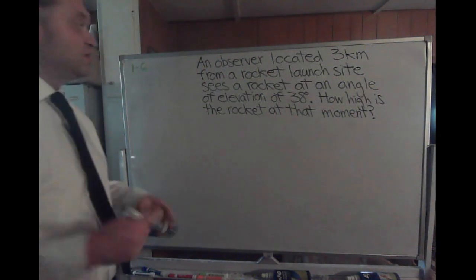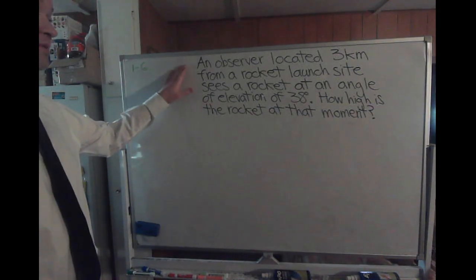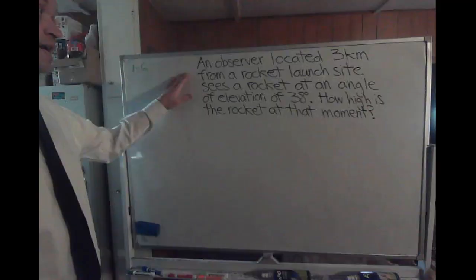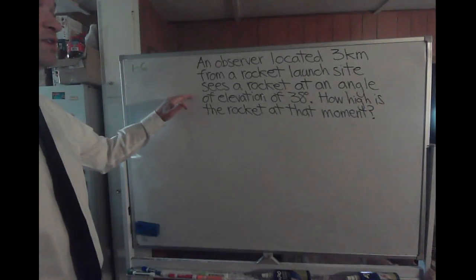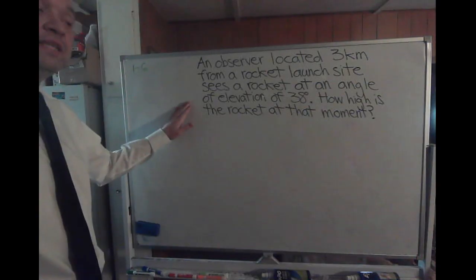I think you guys are starting to get the idea. An observer located 3 kilometers from a rocket launch site sees a rocket at an angle of elevation of 38 degrees. How high is the rocket at that moment?